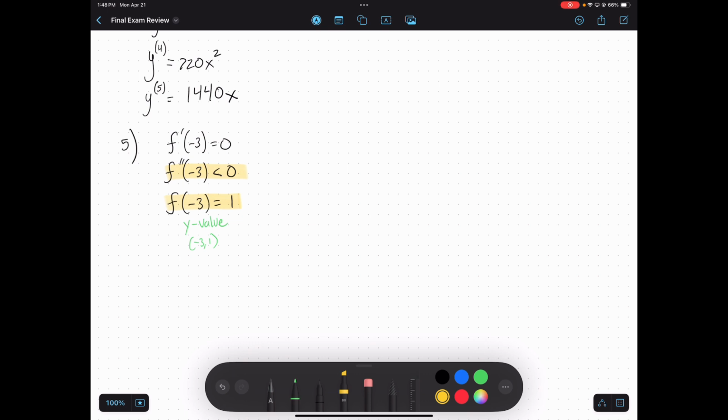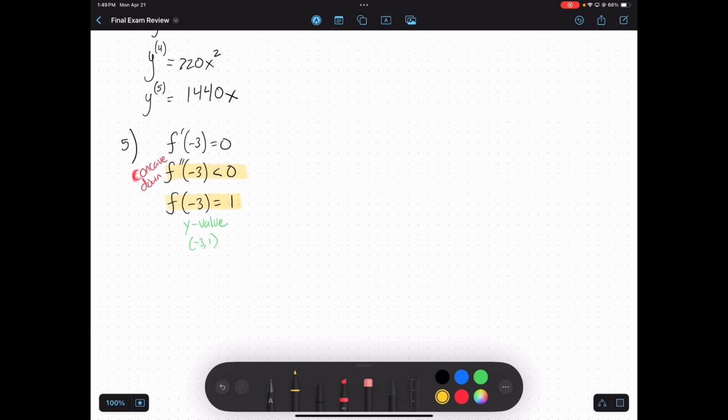What does the second derivative tell me about? Concavity. So this is telling me about the concavity of my function, specifically that it's less than 0. Concave down. It's concave down. Very nice. So I know that I'm concave down at negative 3.